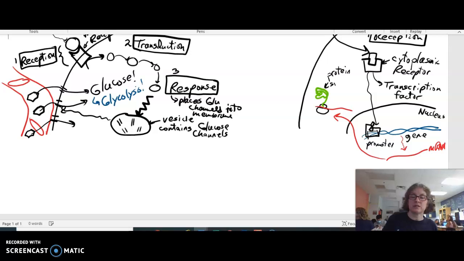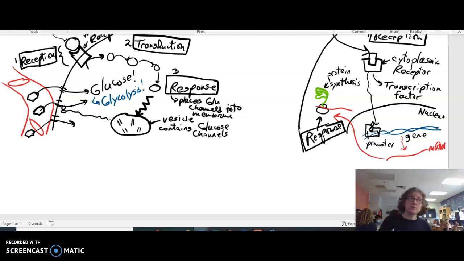This is protein synthesis, which is very often the response. So you had reception. Transduction, if it exists, is just this complex traveling to get to the promoter region on the DNA in the nucleus. And then this is the response. The response is the production of a new protein.